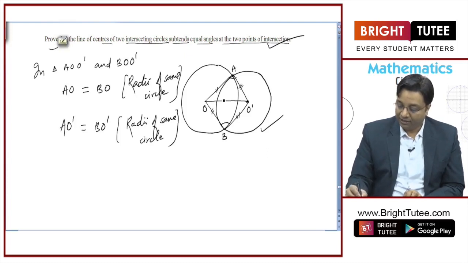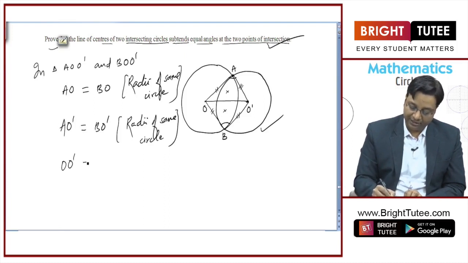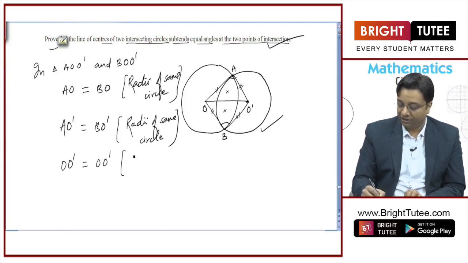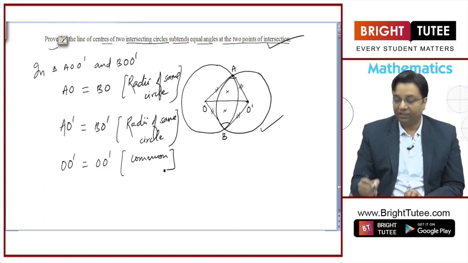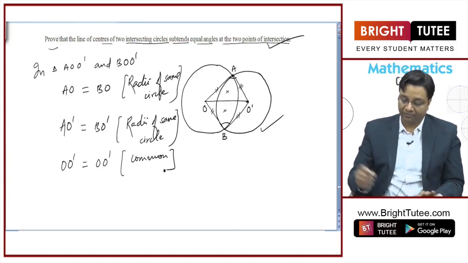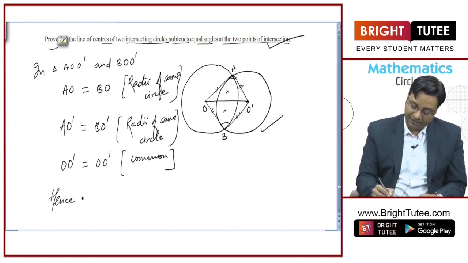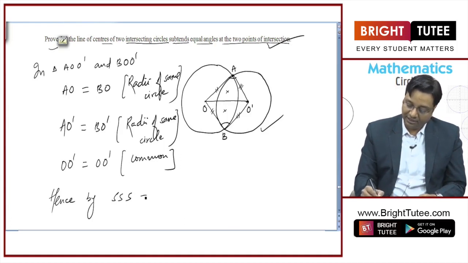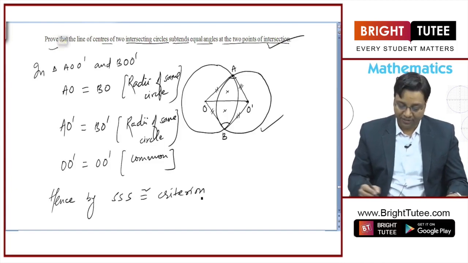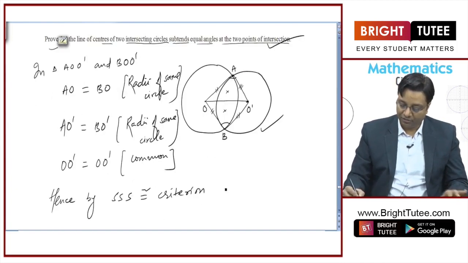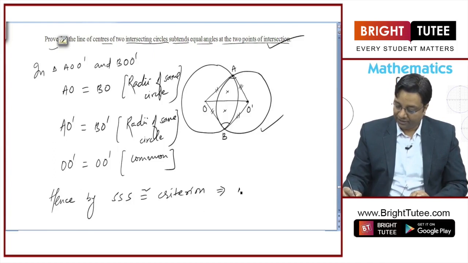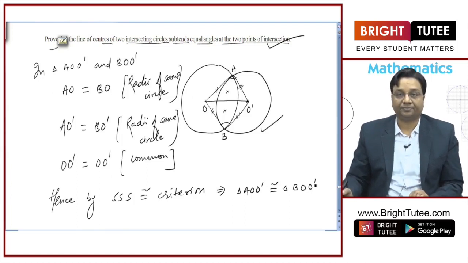Now the third side in these two triangles is OO dash. So OO dash is equal to OO dash because it is a common side to both the triangles that I am talking about. Hence, by the side congruence criterion, what can I say about these two triangles? These two triangles are congruent to each other. Triangle AOO dash is congruent to triangle BOO dash, right?